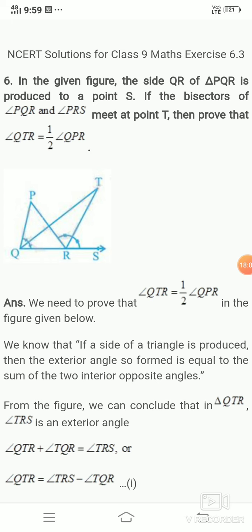In the second triangle, you introduce the angle bisectors: at Q, PQR is 2 times TQR, and at R, PRS equals 2 times TRS. So use this. After that, compare the first one and the second one, and you may get the answer. Thank you.